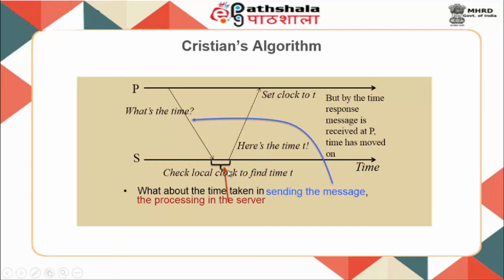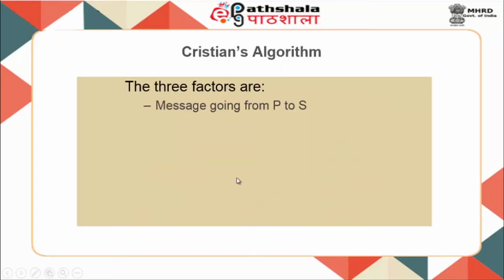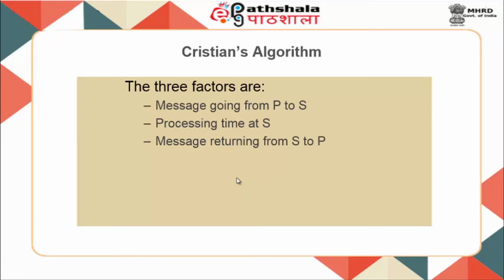Then there is the processing time, the time the server spends looking at the time and sending the message, and the third is the time taken to send this message back. So, we have the message sending from P to S, the processing time at S, and the message sending from S to P.